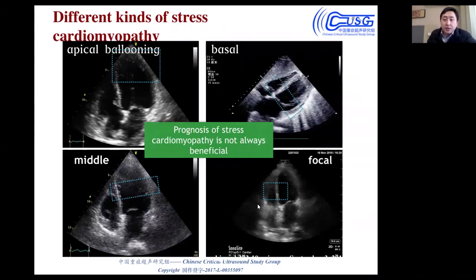These pictures show you different kinds of stress cardiomyopathy. When we perform critical care ultrasound, we should pay more attention to recognizing the different kinds of stress cardiomyopathy.